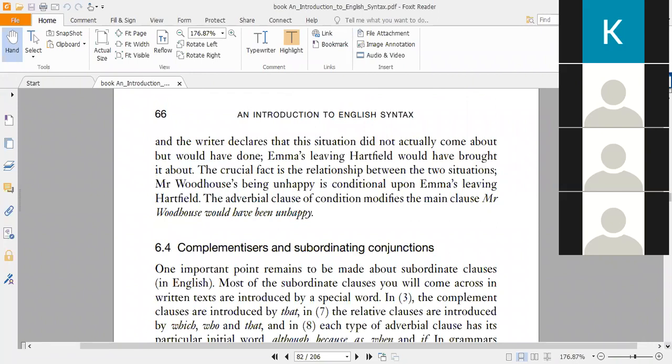Emma's leaving Hartfield would have brought it about. The crucial fact is the relationship between the two situations. Mr. Woodhouse being unhappy is conditional upon Emma's leaving Hartfield. The adverbial clause of condition modifies the main clause, Mr. Woodhouse would have been unhappy.